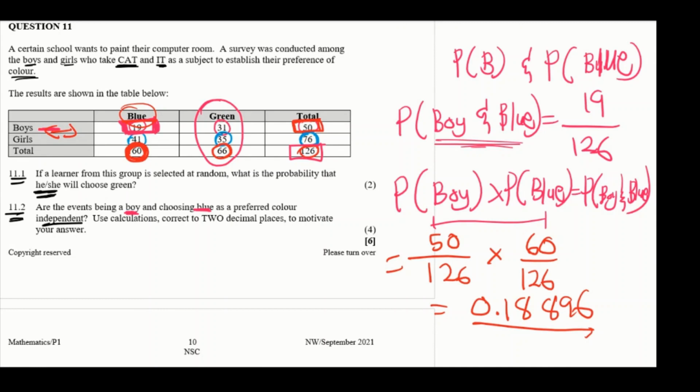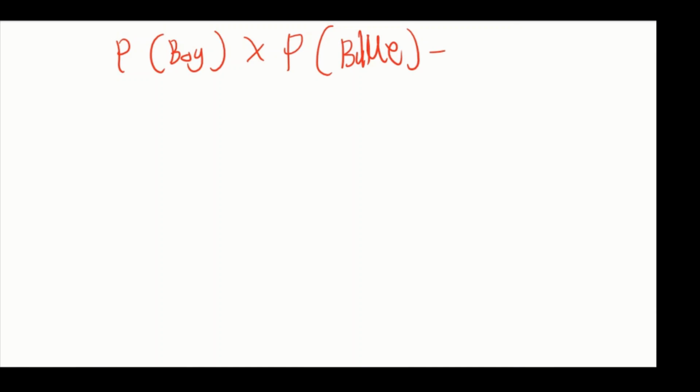But is this answer equal to the answer at the top? In this problem, we have the probability of a boy multiplied by the probability of blue equals the probability of boy and blue.